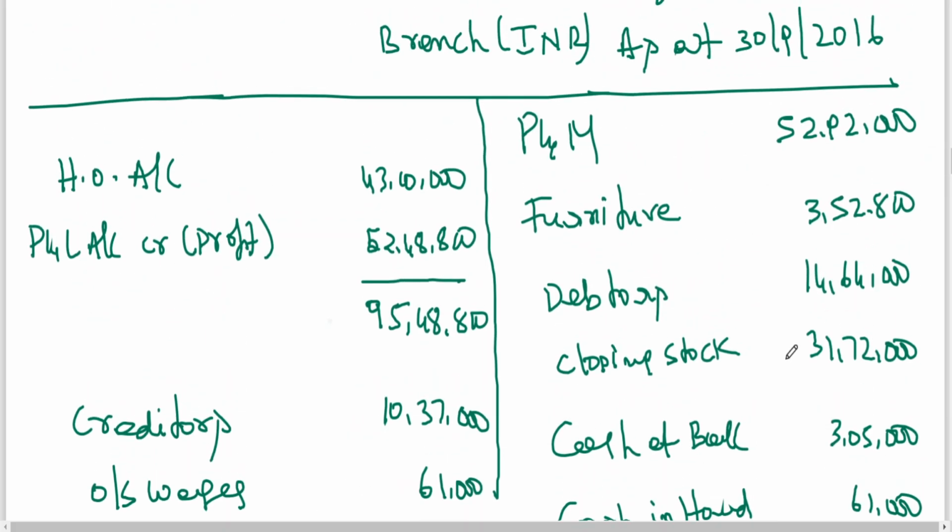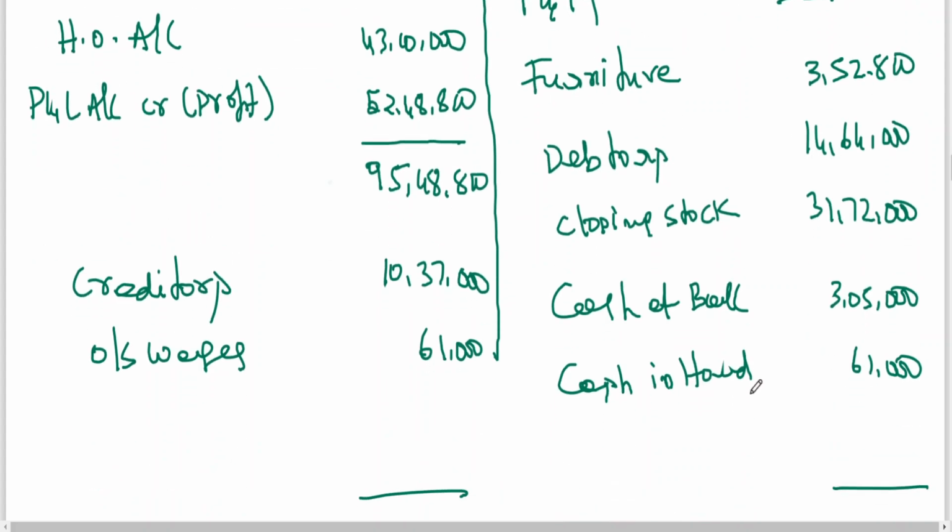So let me take this: 52 lakhs 92,000 plus 3,52,800 plus 14,64,000 plus 31,72,000 plus 3,05,000 plus 61,000. You are getting 1 crore 6 lakhs 46,800.